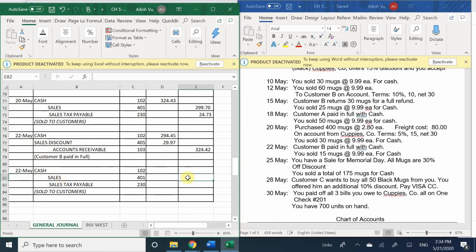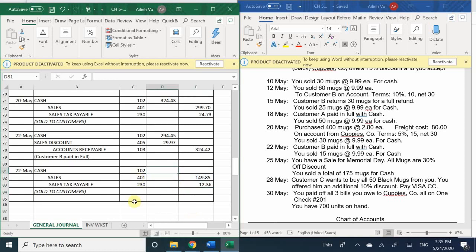Okay, so how many cups did we sell? 15. At how much? $9.99 each. So that's going to give us how much? $149.85. And how much was sales tax? $12.36.